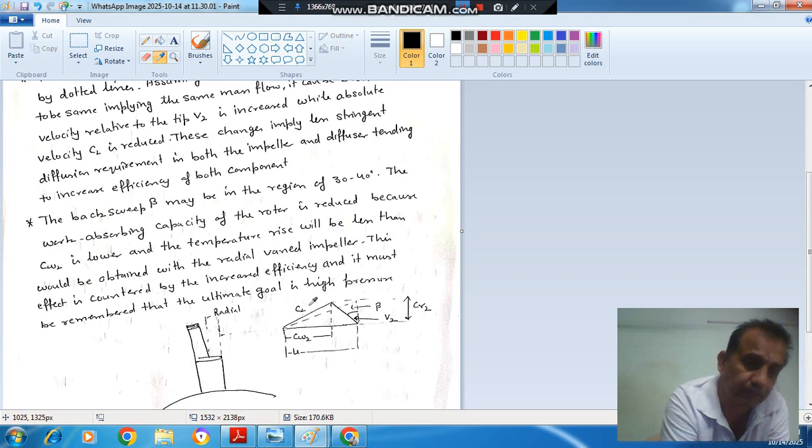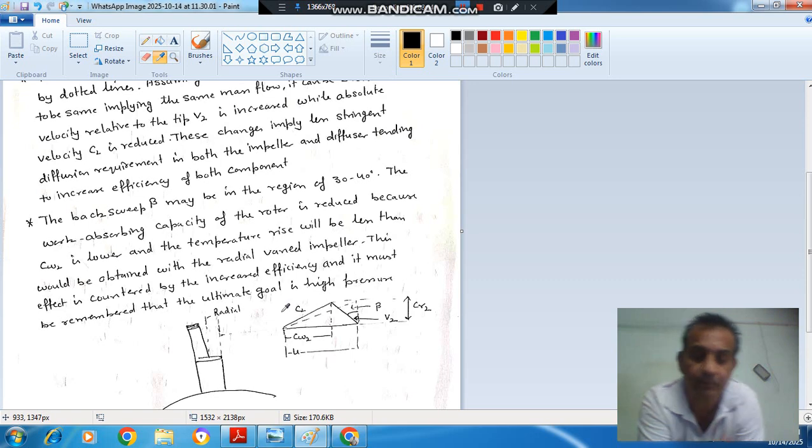So temperature rise would be less, but the pressure rise would remain the same, because the process will get close to isentropic, or the efficiency of the process will increase. This effect is countered by increased efficiency, and it must be remembered that the ultimate goal is high pressure.